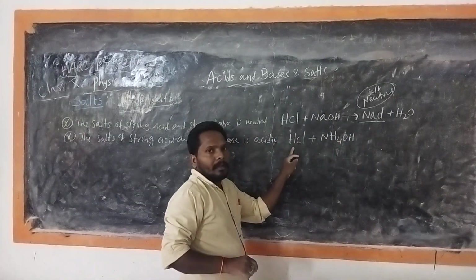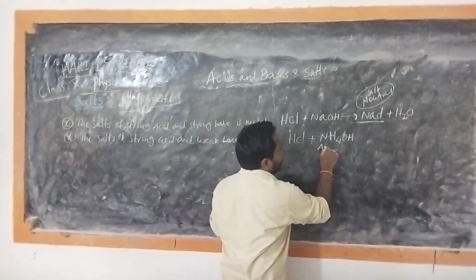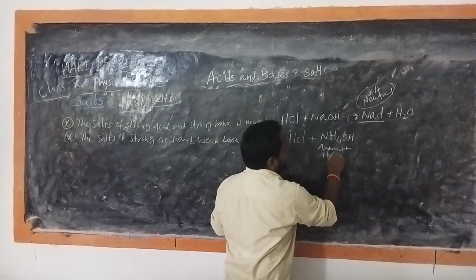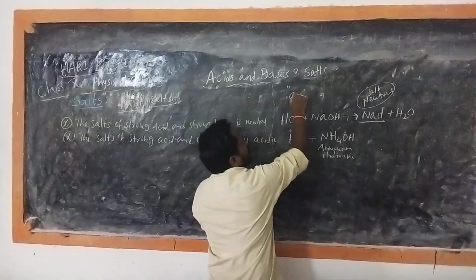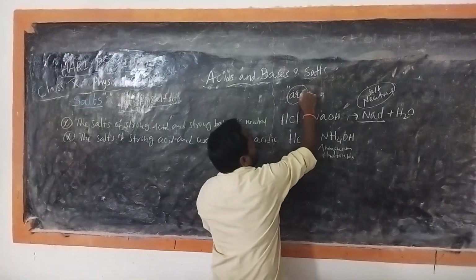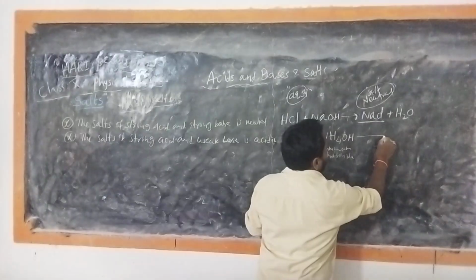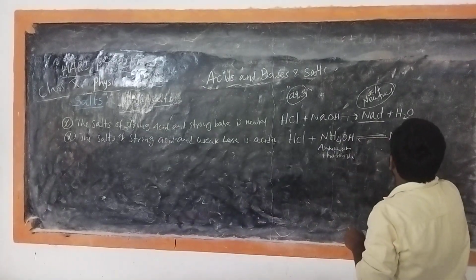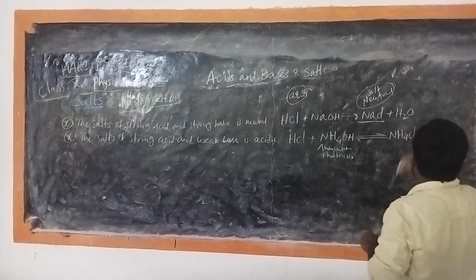HCl is a strong acid. Here we have taken aqueous solutions only. Aqueous solutions react together to give ammonium chloride plus water.